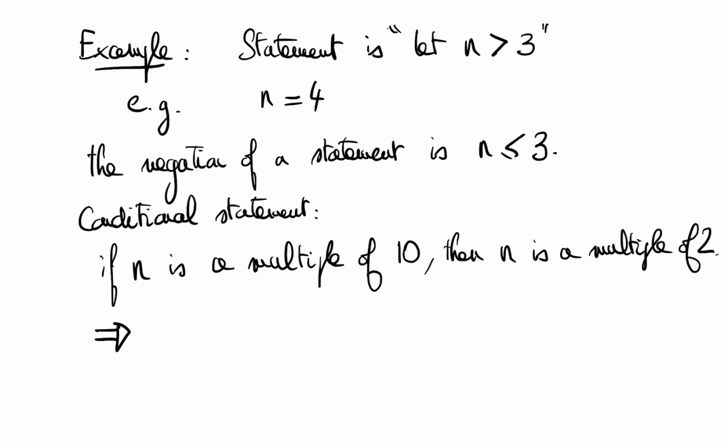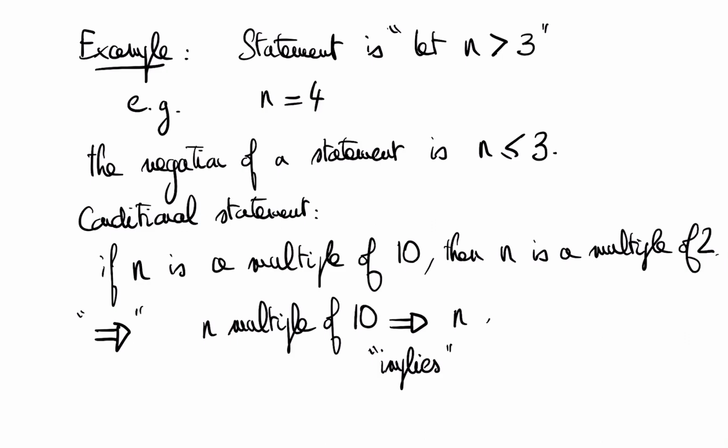So for example, n multiple of 10 implies n multiple of 2. Now you note that the arrow has one direction, from the left to the right, because n multiple of 2 does not imply that n is a multiple of 10. Right.